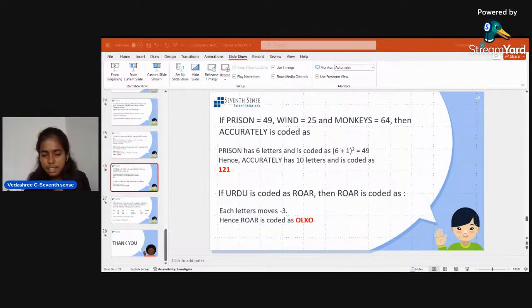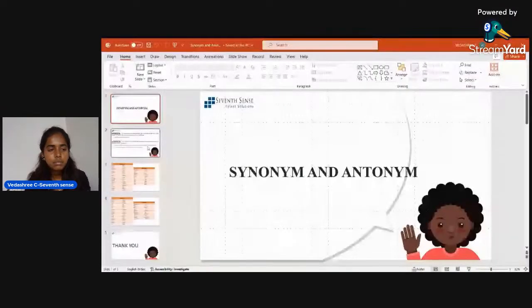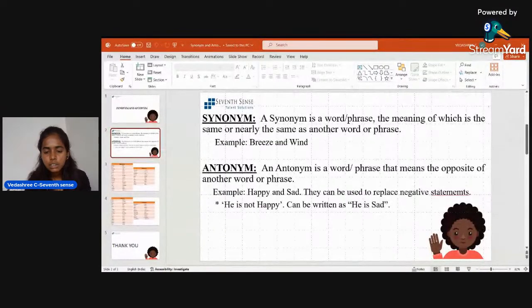So this is a very simple topic. What do you mean by synonyms and what do you mean by antonyms? So synonyms is nothing but a word or a phrase that is similar.